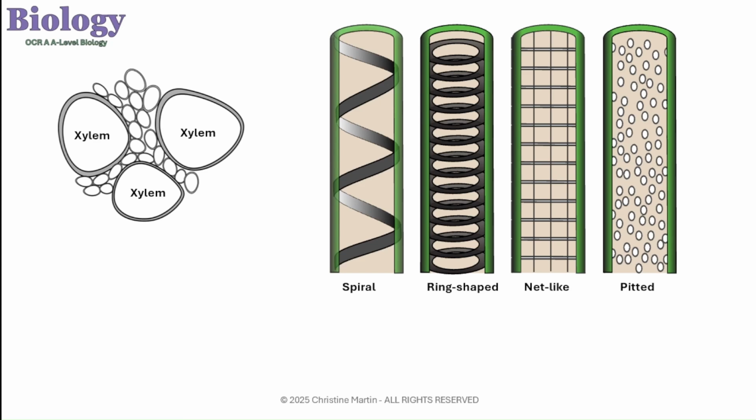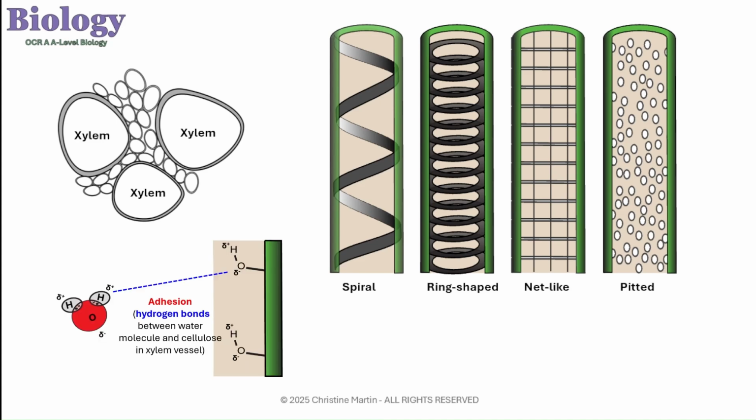The interaction between water molecules and the cellulose in the vessel wall is known as adhesion. And adhesion helps water remain in contact with the xylem wall and supports the upwards movement of water through the plant by capillary action.